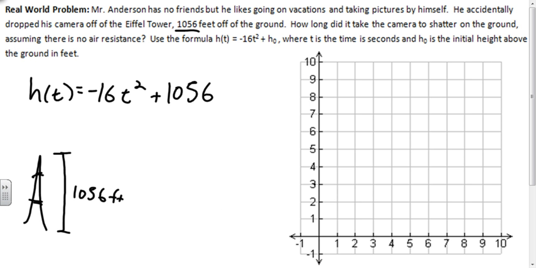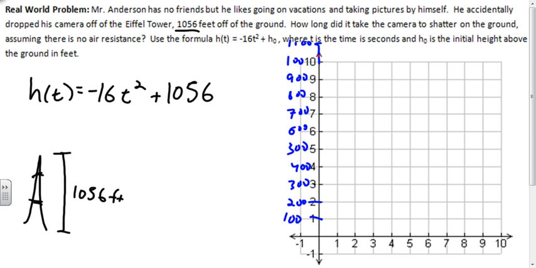So if we wanted to draw that on ours, we would change these each to 100, so 100, 200, 300, 400, 500, 600, all the way up, 1,000, and we'll even make a 1,100.